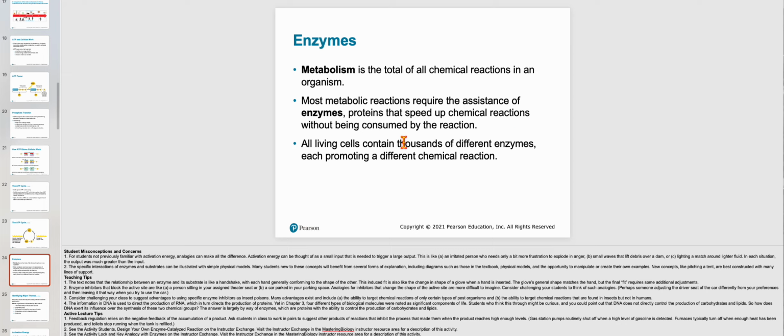Now, why are enzymes so important? Because without enzymes, a chemical reaction may take years to happen. And with the enzyme, it might only take seconds to happen. I've firsthand experienced this as a college student where we had messed up on an experiment.